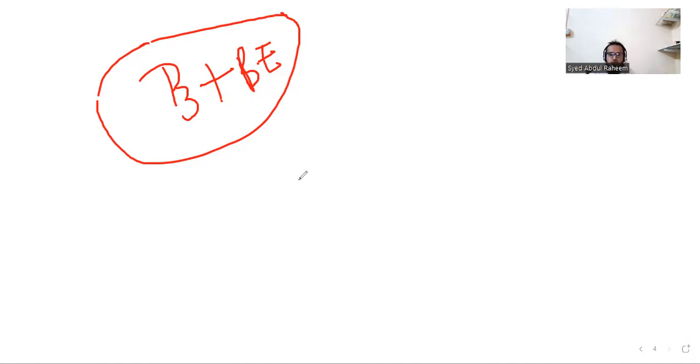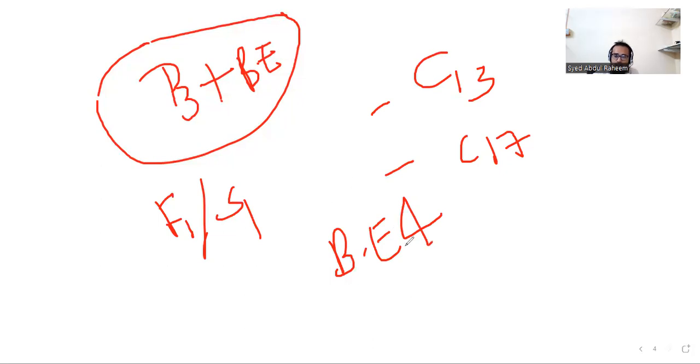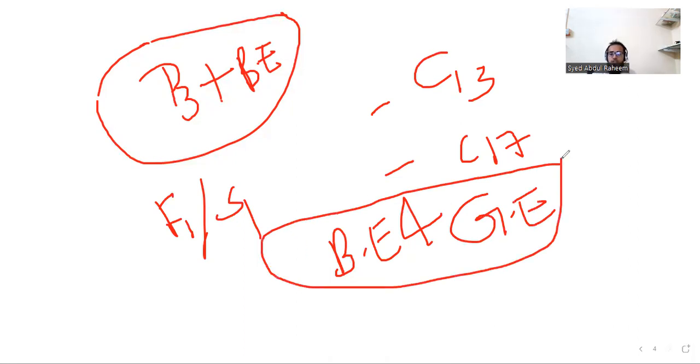Other remedies you can add with P3 are C13, C17, and other than that, F1, S1. And the electricities are BE and GE, so we need BE and GE for P3.